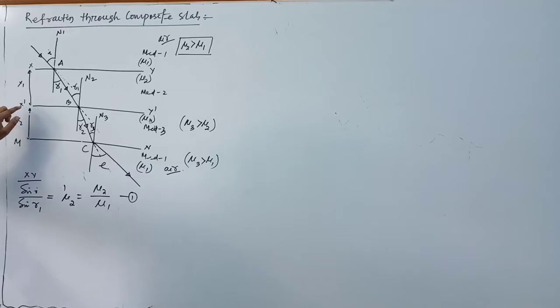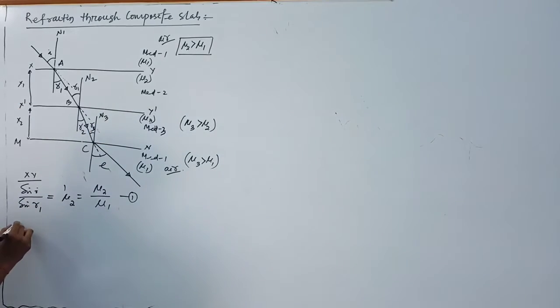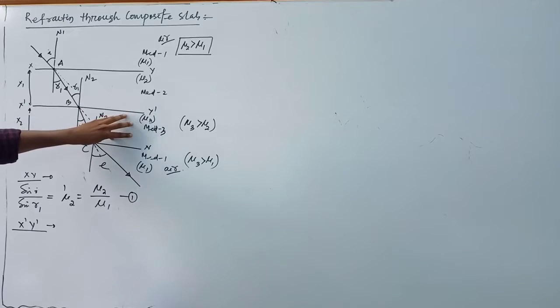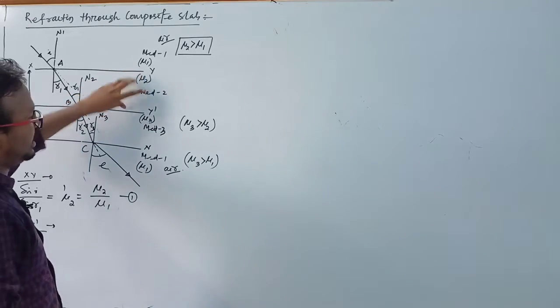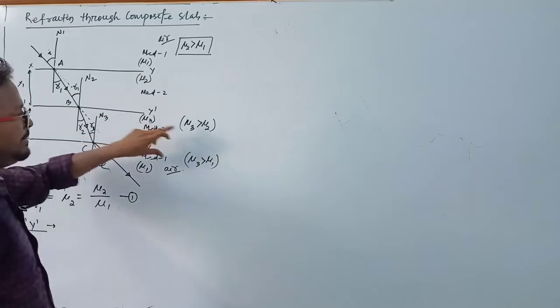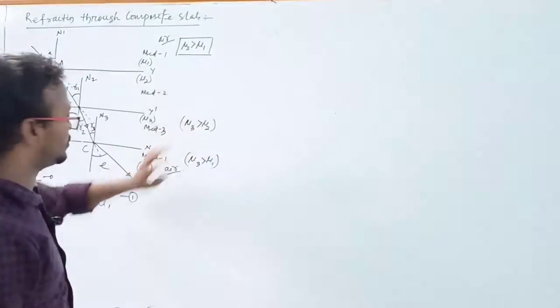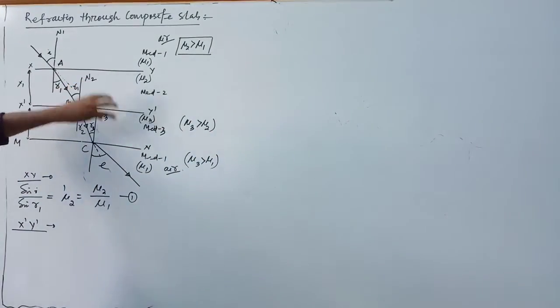Similarly, if we observe the interface X'Y', this is the first interface and this is the second interface, separating two media with refractive index mu2 and refractive index mu3. But refractive index mu3 is greater than mu1. So light is traveling from a rarer to a denser medium.